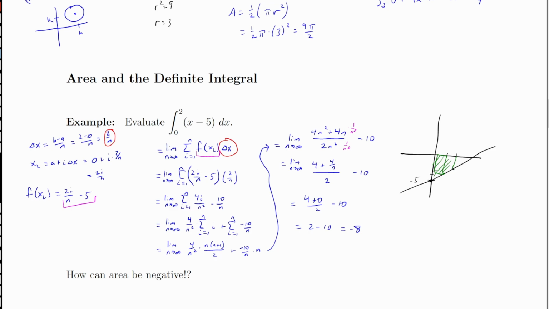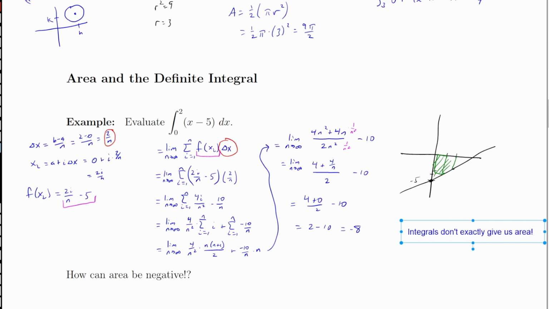Now, the formula doesn't know that I wanted to do area. It just says, okay, you have a negative value, you take that negative value, multiply it by that width, and you'll get a negative number, and you add up negative numbers and you'll get a negative. Okay, so integrals don't exactly give us area in all cases.